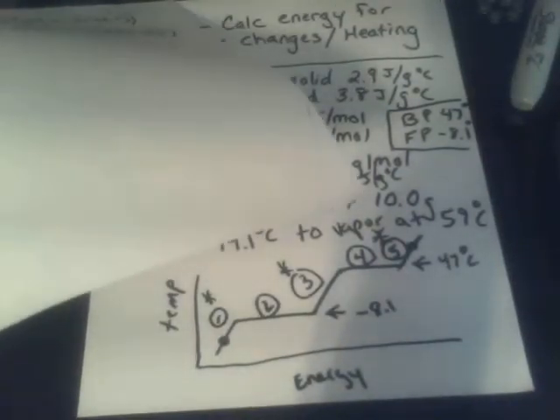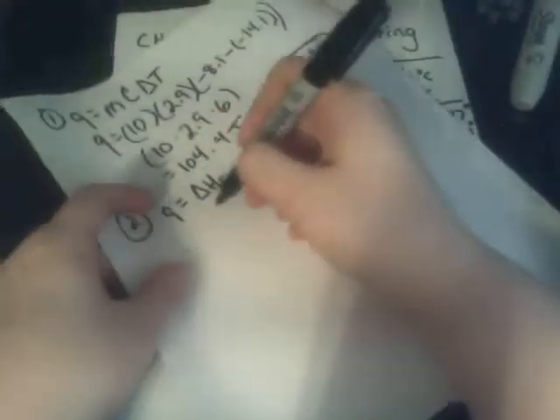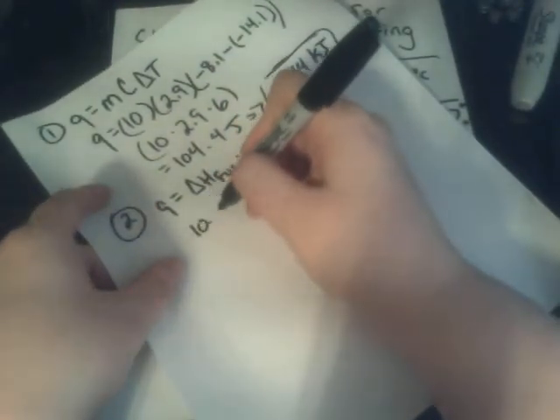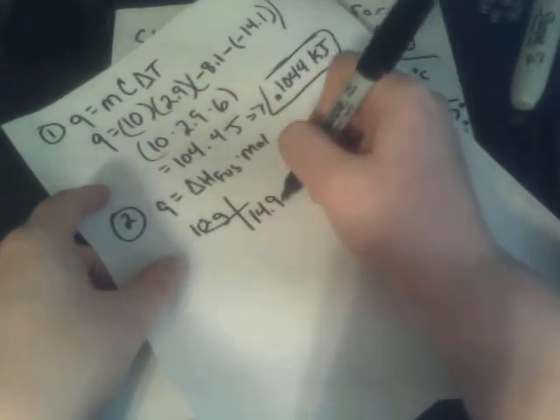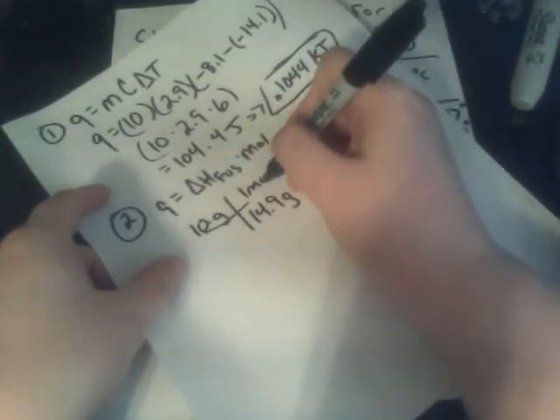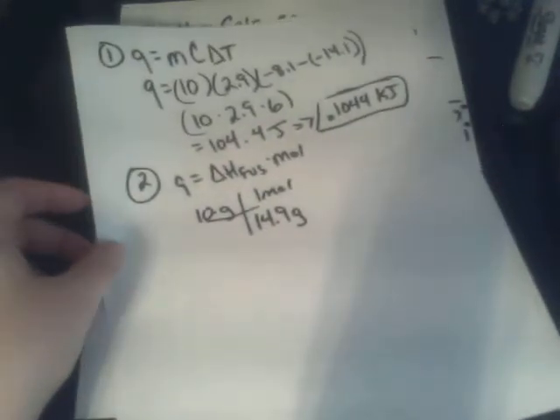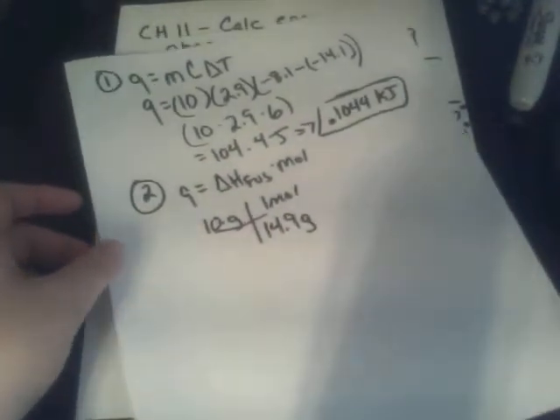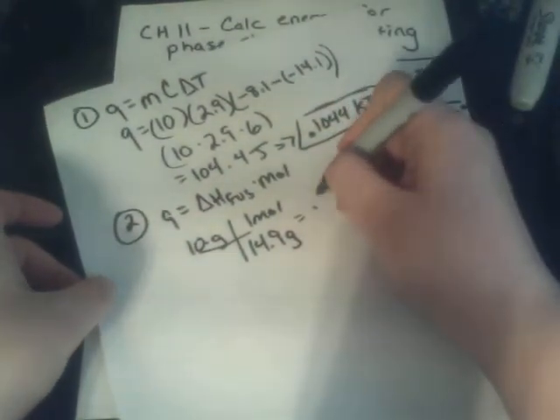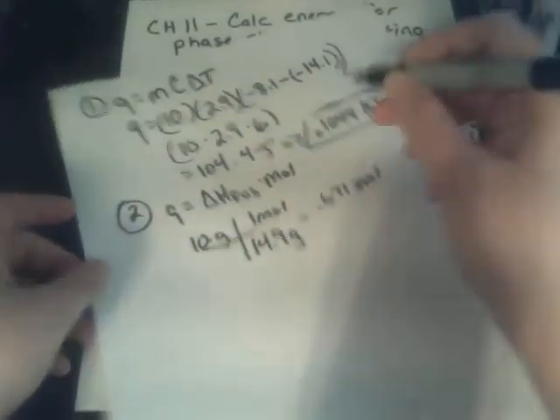If it's 14.9 grams per mole, right? And I'm given 10 grams. So it's going to be 10 divided by 14.9. I get 0.671 moles, right?